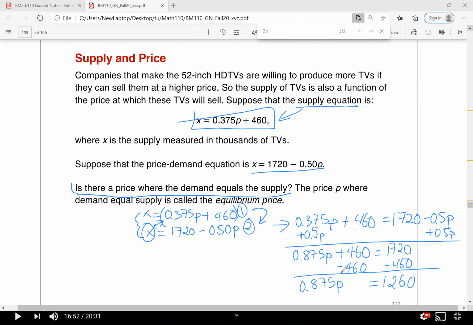Now you're going to divide both sides by 0.875, so you're going to have p equal to, left side is p.